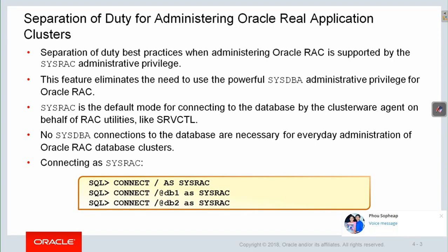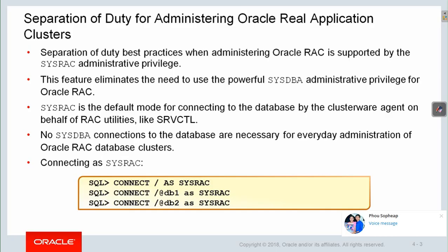In order to control RAC instances and manage a RAC database, we used to log in as SYSDBA. If that is the case, SYSDBA can do many things, including viewing application data and also controlling RAC instances.